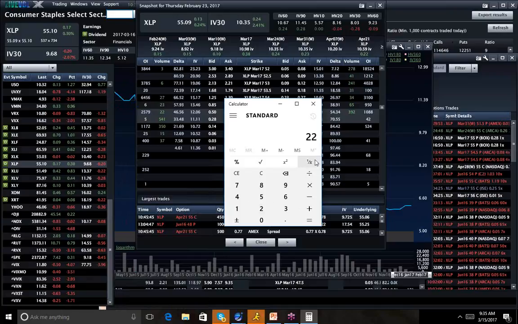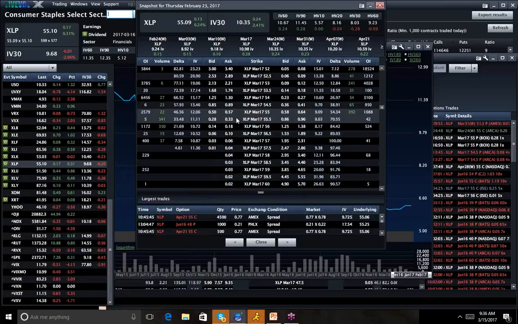So 22 divided by 365, square root, times a vol of 11, times 55, is 1.5 points. So I do the 55, looking at like the 56 and a halves, 53 and a halves.